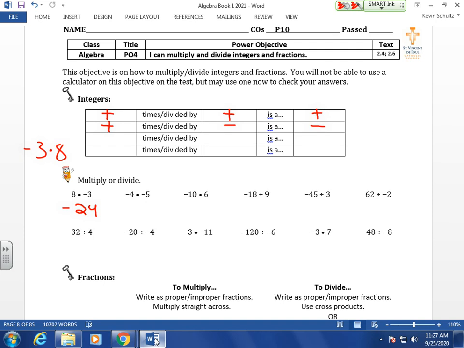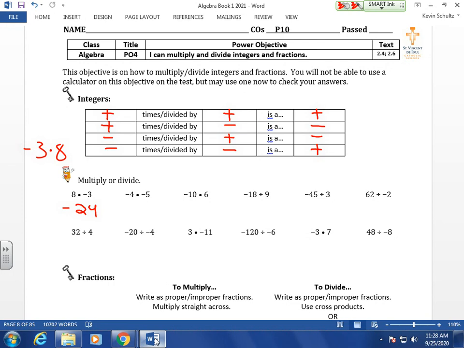You can reverse the order and still be good. So if that negative comes first, followed by the positive, you're still going to get a negative. And then a negative multiplied or divided by a negative, like we saw with adding and subtracting, those two negatives kind of cancel out and make a positive. So like I said, 8 times 3 is still 24, but 8 times negative 3 is going to make it negative 24.